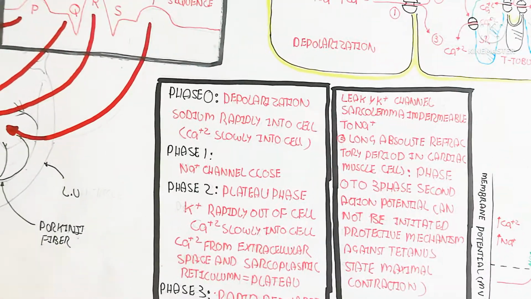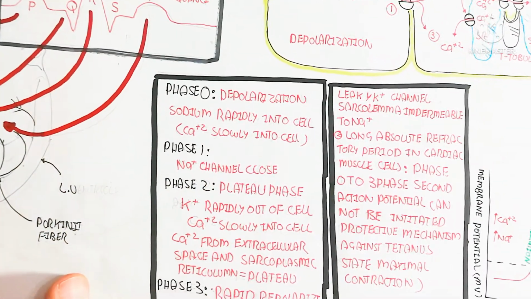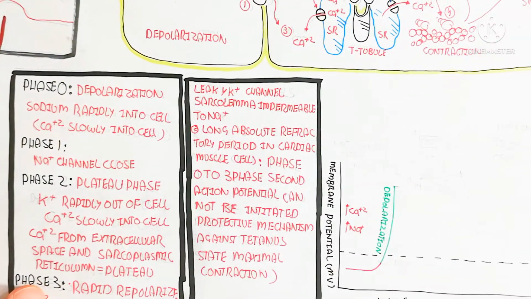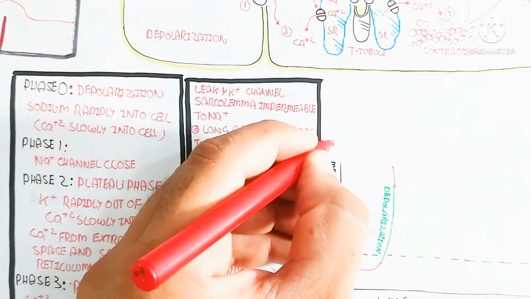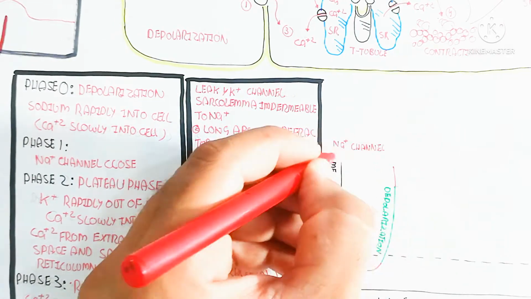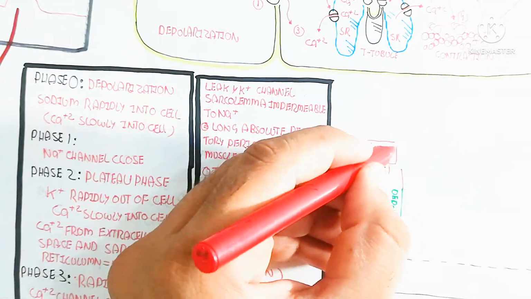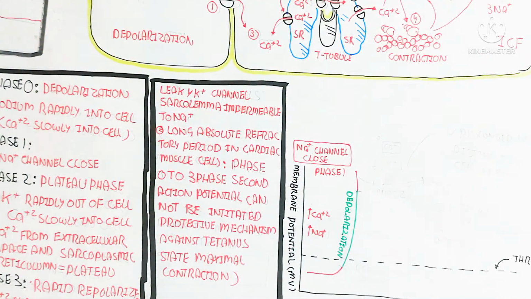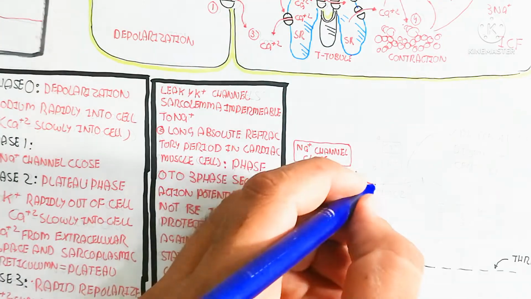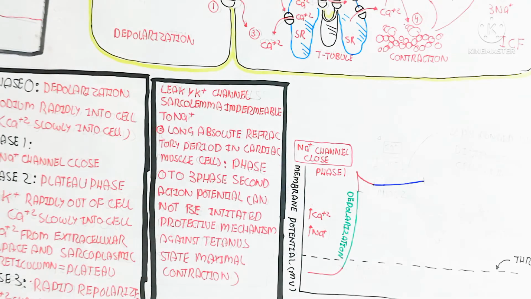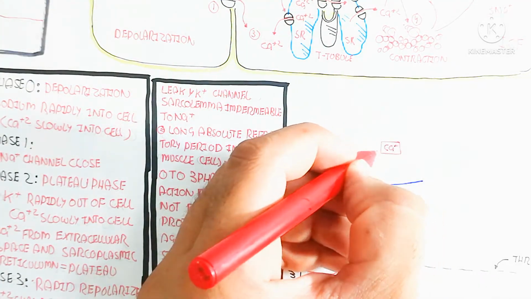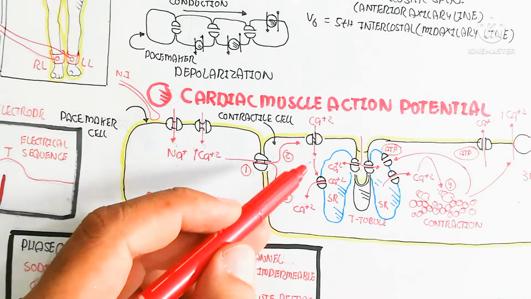In this phase, calcium increases while potassium slowly decreases, and the plateau phase occurs. The plateau phase means the sodium channel is closed, and this is phase 2. In this phase, calcium slowly moves inside more and potassium moves out.